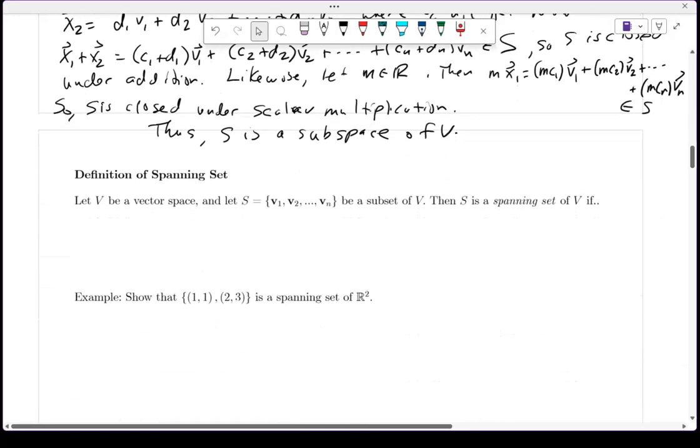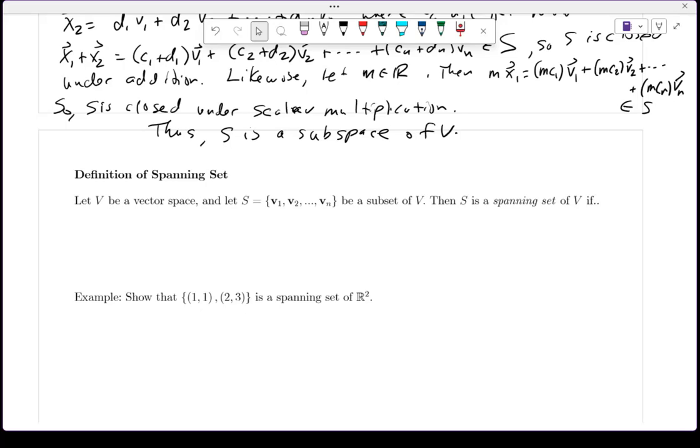So, why do we care? It's a good question, right? Our goal here, eventually, is to get to the idea of being able to write every single vector in a vector space in terms of just a few vectors.